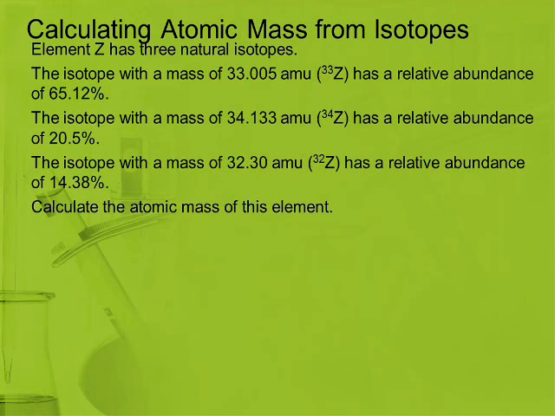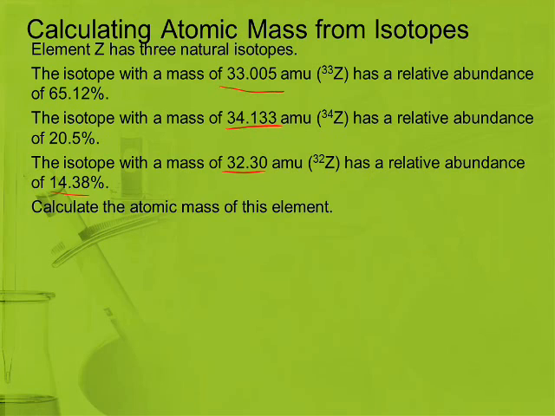So these are the relative abundances. 65% have a mass of 33, 20% have a mass of 34, and 14% have a mass of 32. I can guess that it's going to be closest to 33 because most of the isotopes, 65%, have a mass of 33.